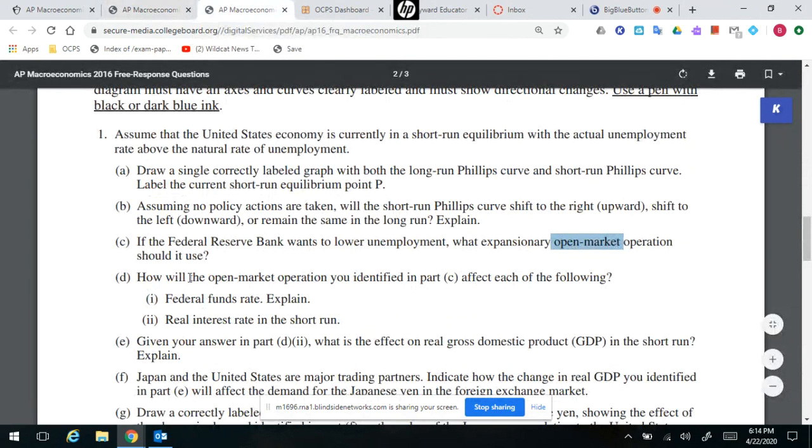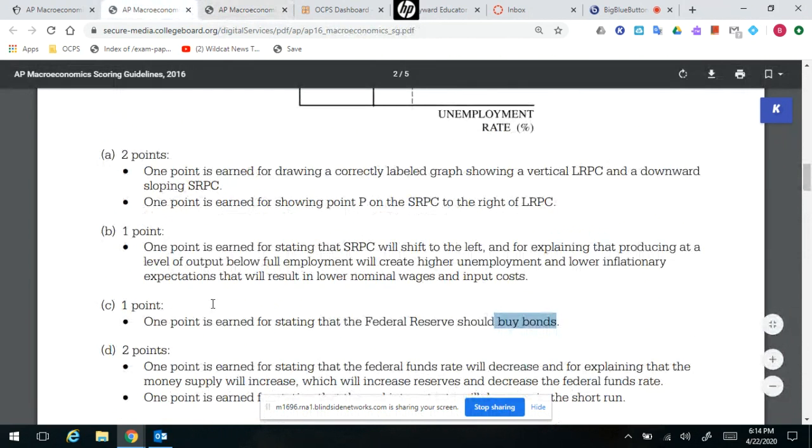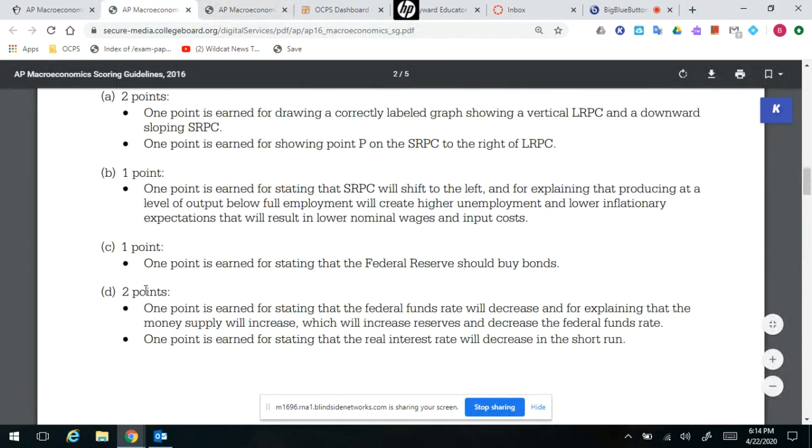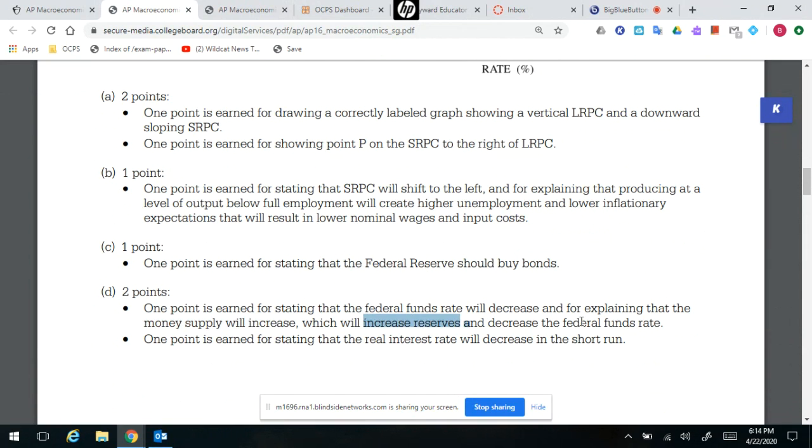Part D, how will the open market operation you identified in Part C affect each of the following? Federal funds rate, explain, and real interest rates in the short run, explain. You're going to see that as you buy bonds, the money supply increases, and if there's an increase in the money supply, banks are going to have an increase in their reserves, and therefore when they have that extra money in their banks, they're going to be able to decrease the federal funds rate.